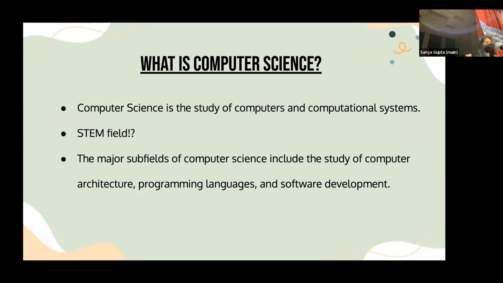STEM is not like a plant stem, in case you weren't aware. It's an acronym that stands for science, technology, engineering, and mathematics. Within computer science, there are many subfields you can specialize in, including computer architecture, programming languages, and software development.